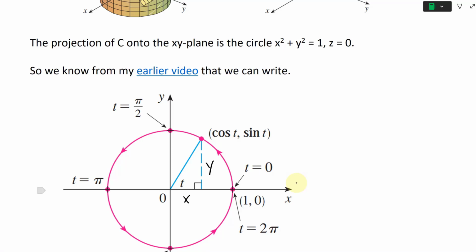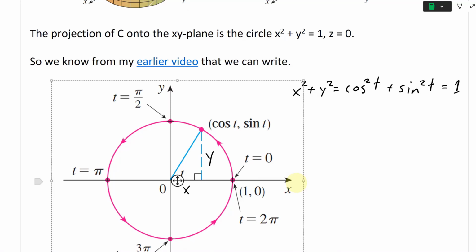We also know that x squared plus y squared equals cosine squared t plus sine squared t equals 1. And again, that's just the parameter. Yeah, this is the Pythagorean identity. So that basically means we could write this in parametric equations using sine and cosine, and that's just an equation of a circle.